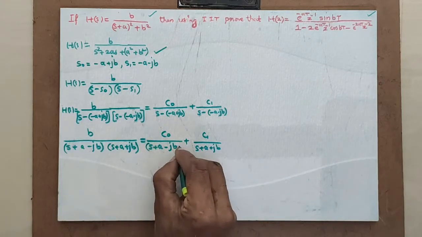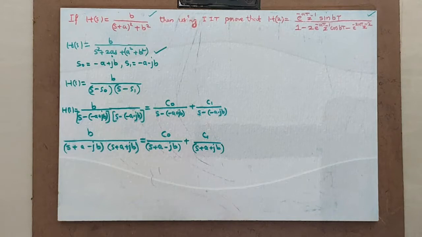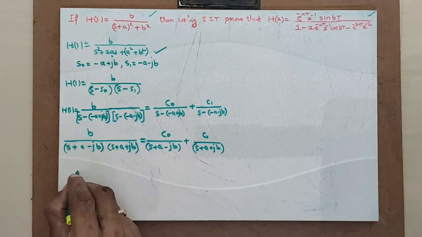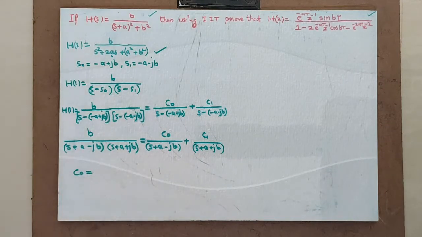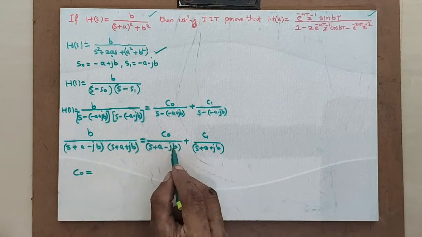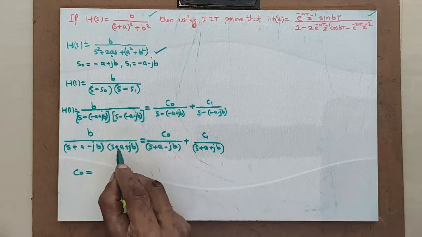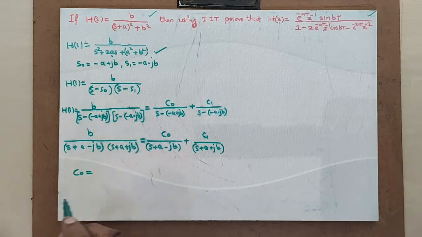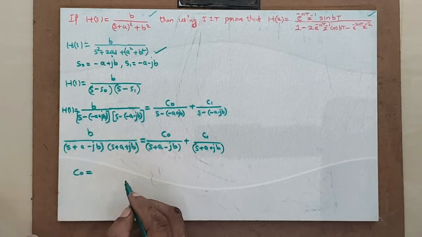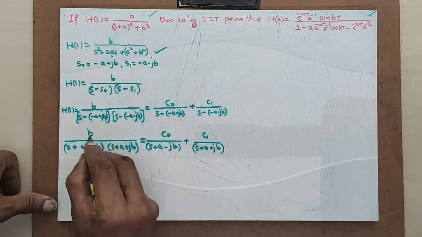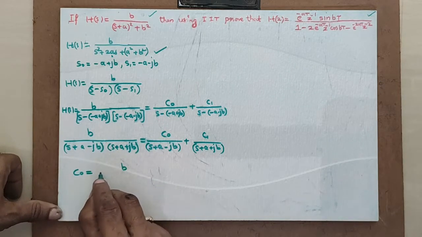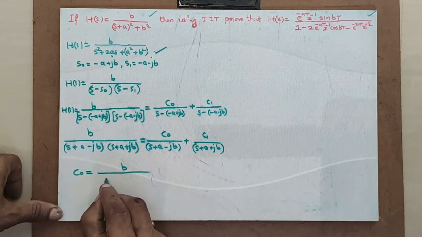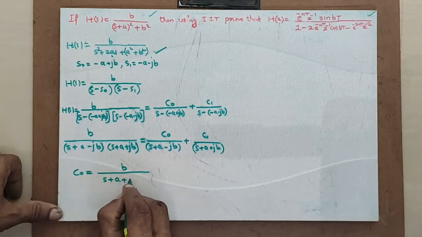Right? Now I have to find c0. How to find c0? In this equation you remove the corresponding fraction and then substitute s equal to minus a plus jb, isn't it? C0 I can find by taking the right hand side, b divided by (s plus a plus jb).